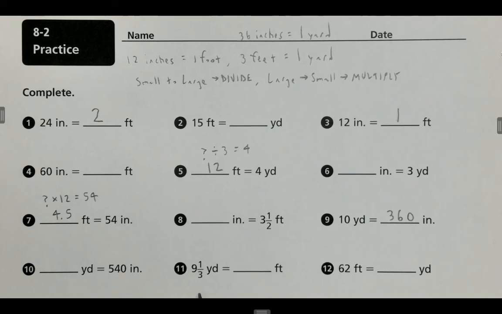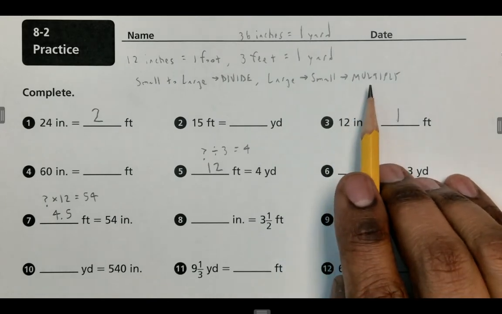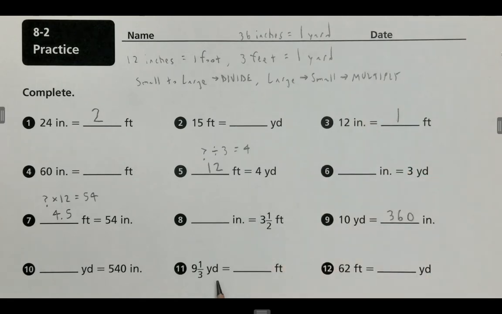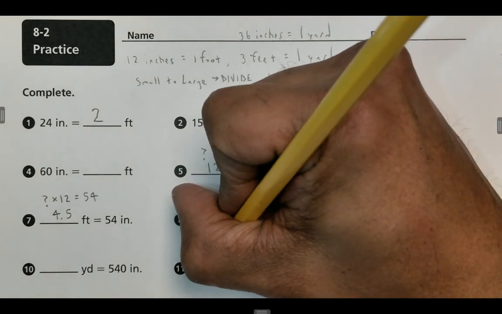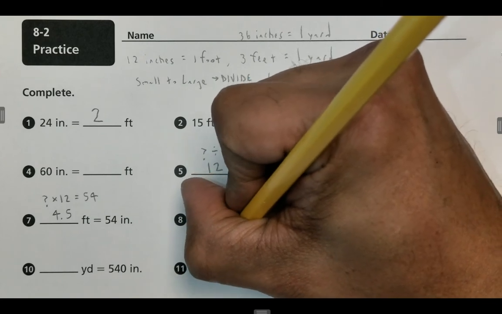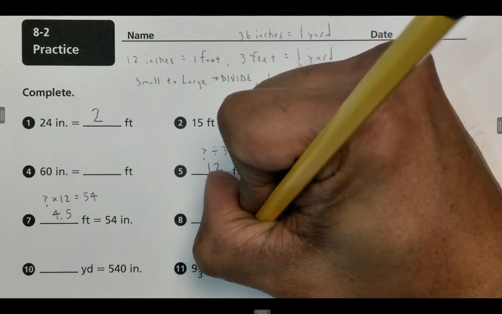Number 11, 9 1/3 of a yard equals how many feet? Well, I'm starting with yards and going to feet. I'm converting from a larger unit to a smaller unit, so I'm going to multiply. Multiply by what? Well, if I'm talking yards and feet, I multiply by 3. So 9 1/3 multiplied by 3.